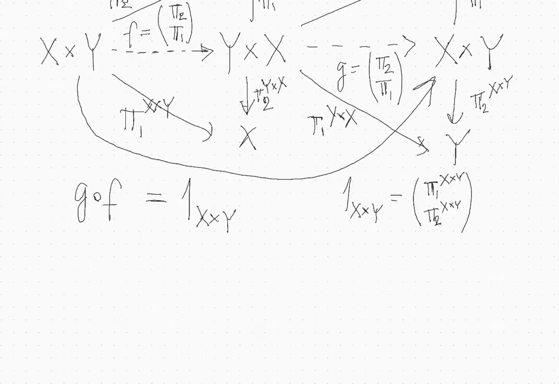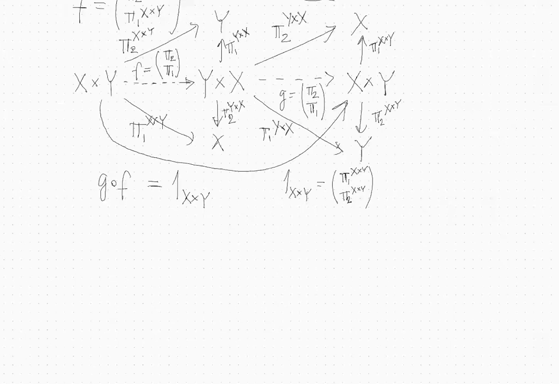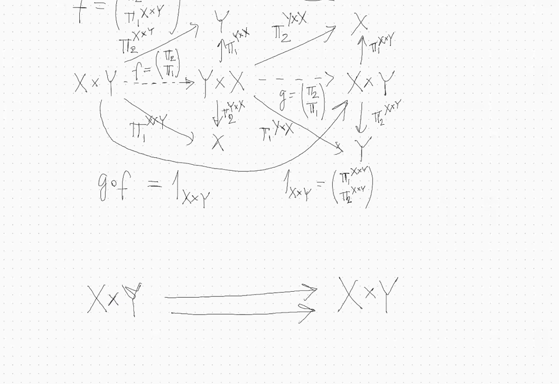I've got my x cross y, and I've got two morphisms: the composite GF and the identity morphism, which equals that pi1, pi2, but I'm not going to write that now.